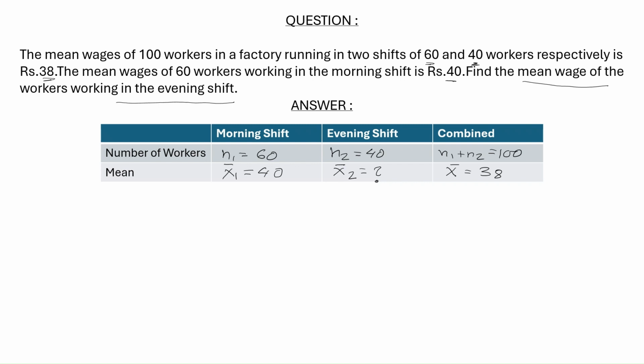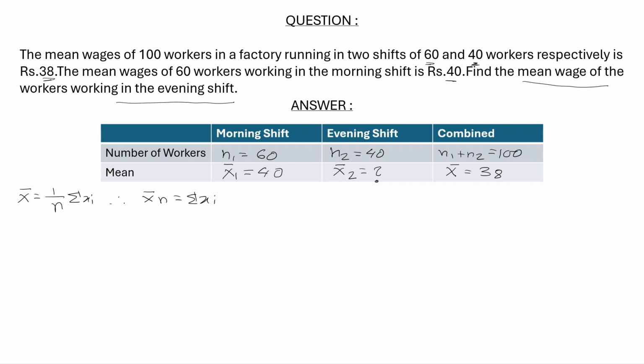We know that the formula of X bar is 1 by n summation of xi. Therefore X bar multiplied by n is equal to summation of xi.